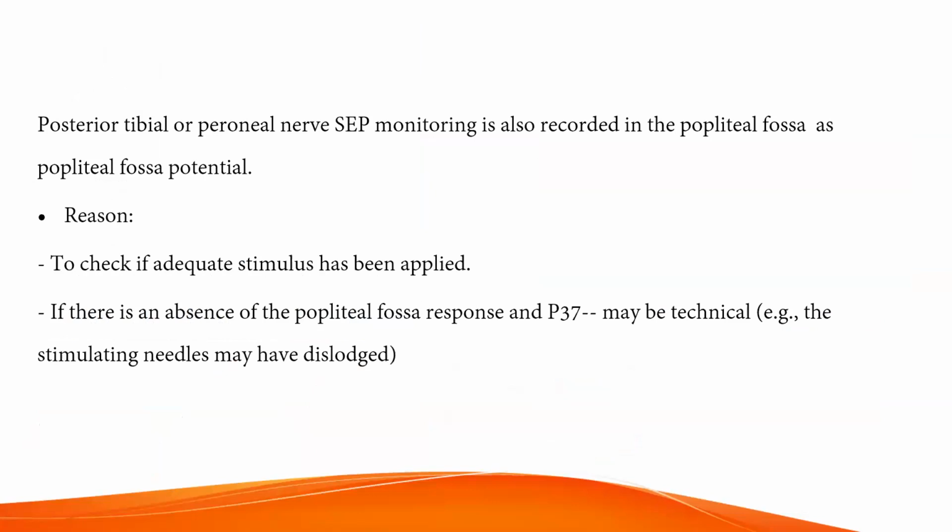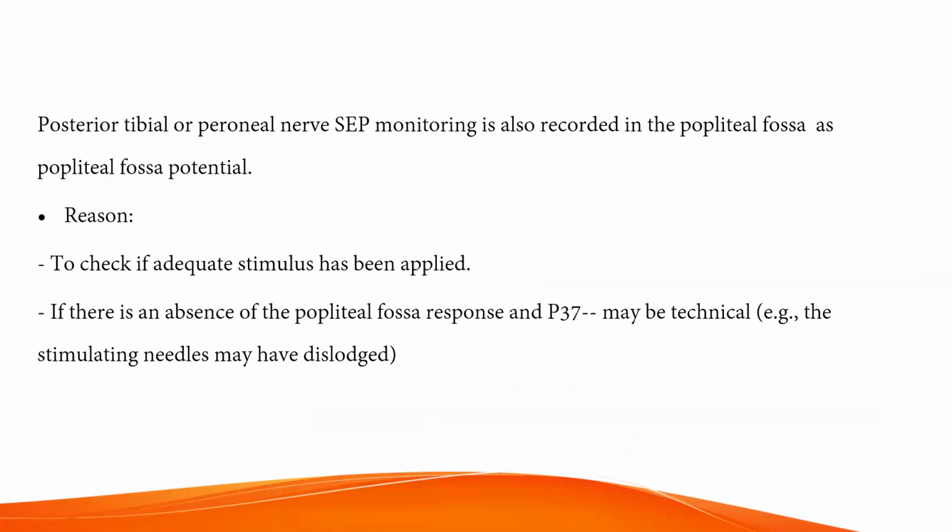Sometimes when we stimulate distally, we won't get a response in the cortex. There are some shortcomings in that. Maybe the electrode is dislodged, or the stimulus is suboptimal, which can give a false positive result. To avoid that, we use the popliteal fossa potential.